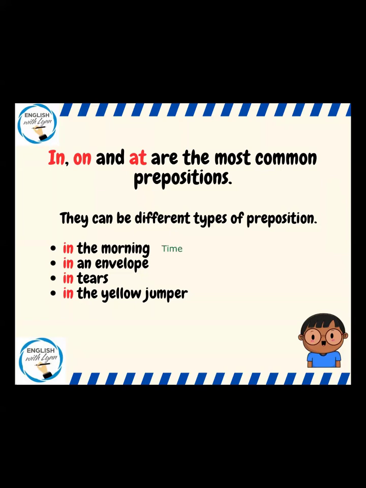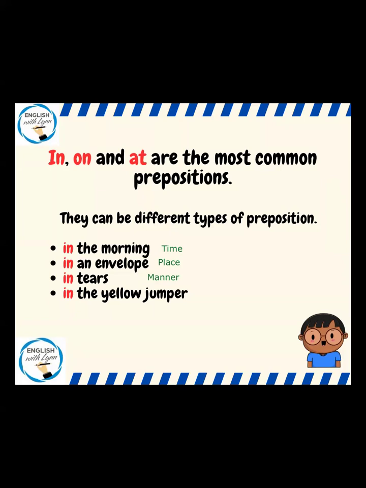If you're talking about a letter that is in an envelope, that is showing the place, where something is. If we're talking about someone who is in tears, it often speaks about the manner that that person is behaving. So it's how they are acting.